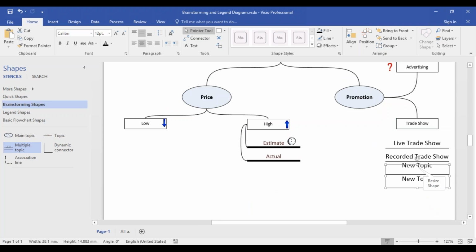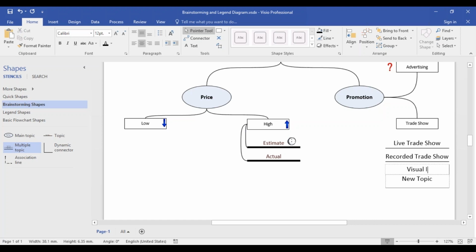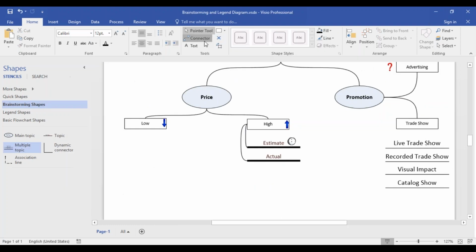Visual impact. Okay. Catalog show. That's all. Add your connectors, curved connectors. Quick and easy way to add. Drag and drop if it's not fitting properly.